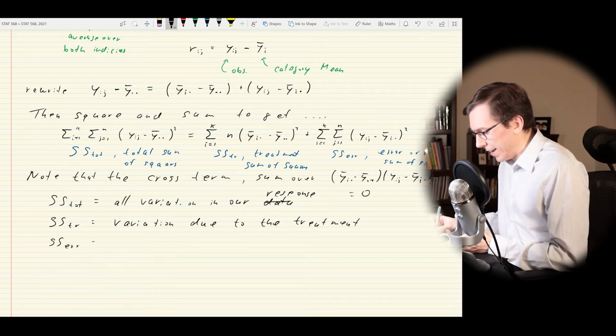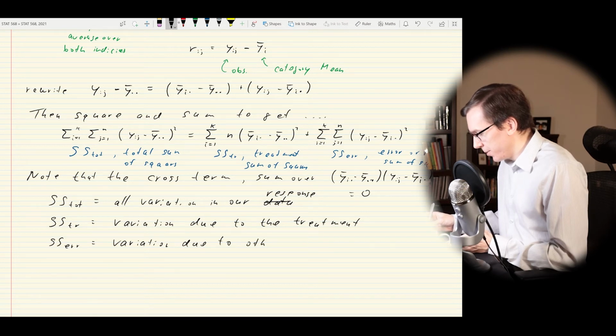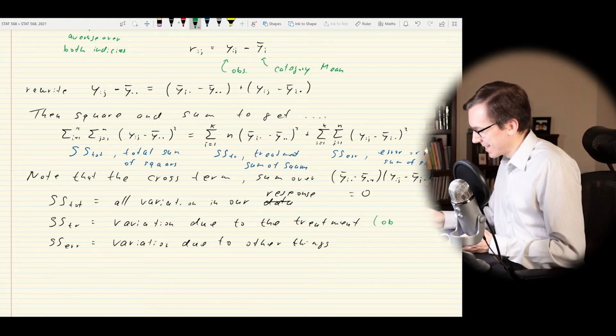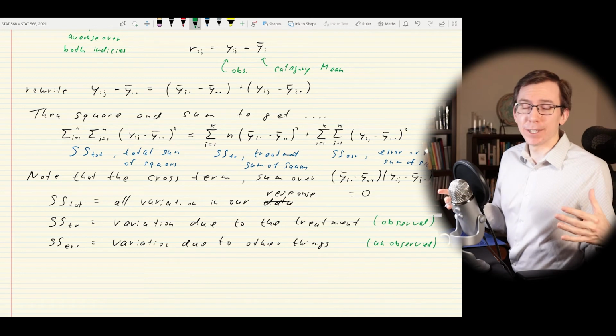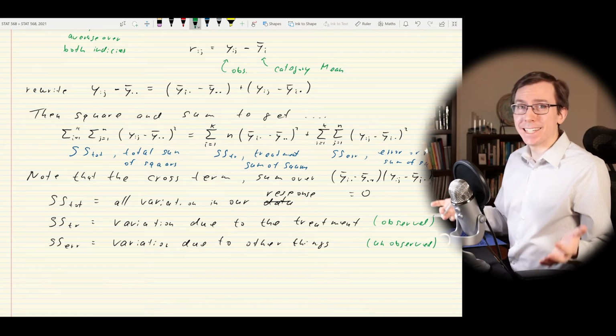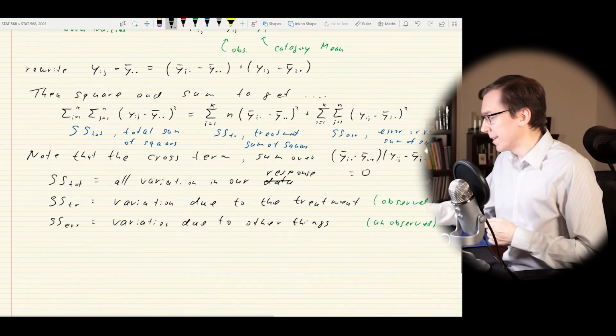And lastly, we have SS err, which is going to be variation due to other things, to be somewhat imprecise in my language. But the point is that this is kind of like the observed, and this is unobserved. Both are going to play a really important part when it comes to hypothesis testing. And that's what we're going to talk about next.